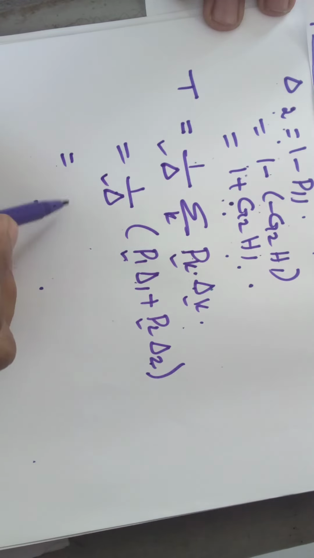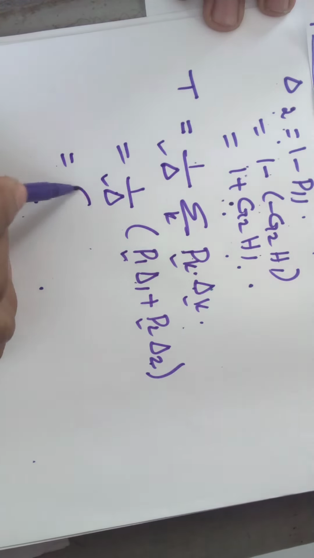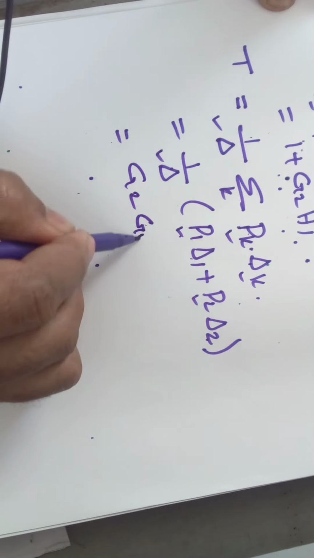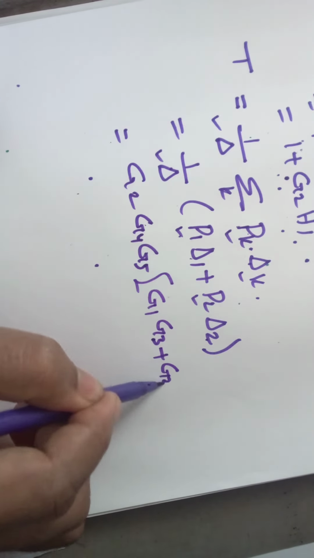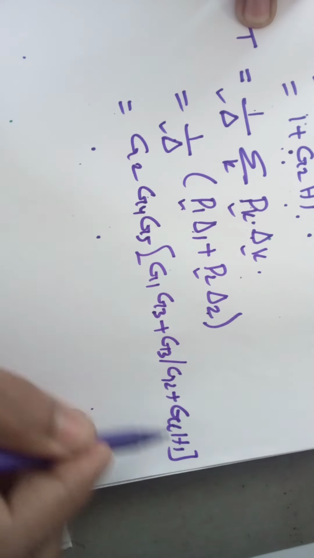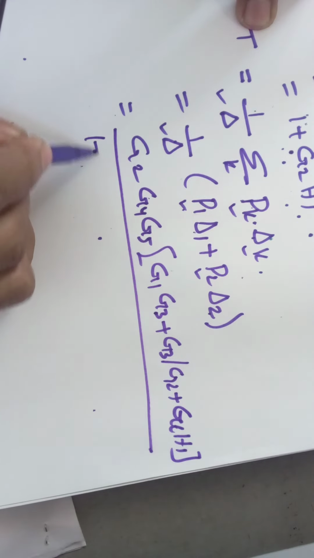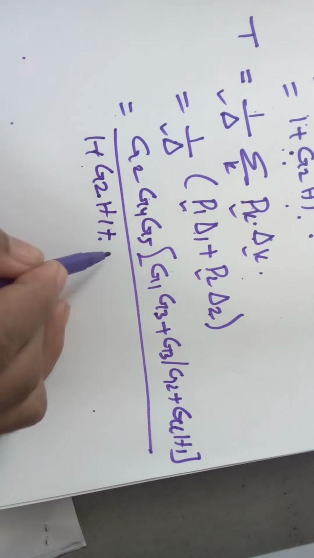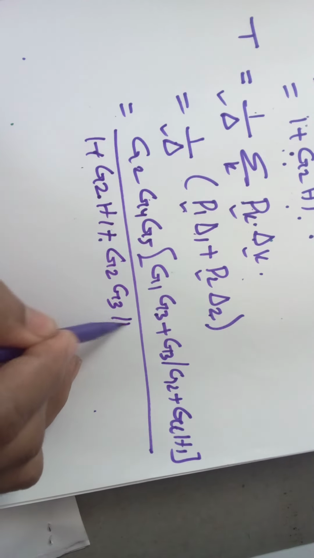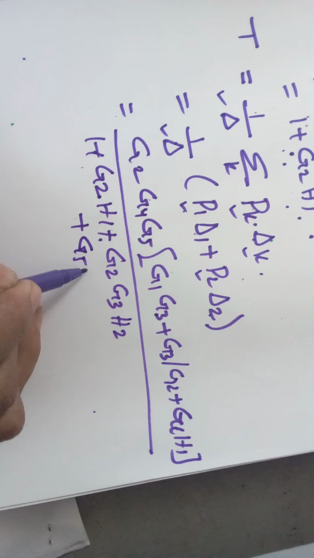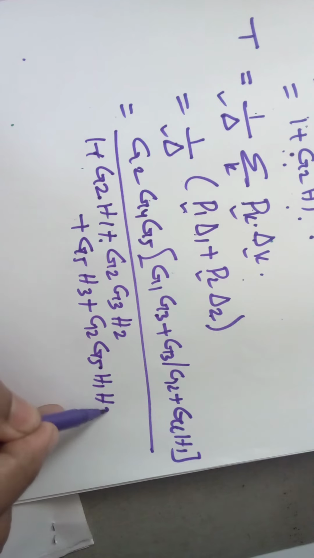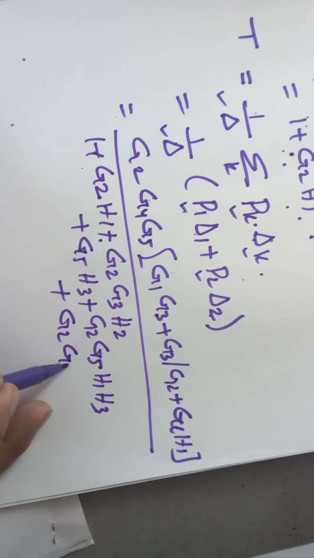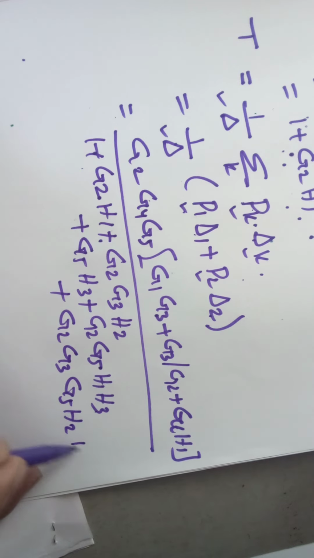Delta also you have calculated, so you will get the answer as G2 G4 G5 into G1 G3 plus G6 divided by G2 plus G6 H1, the total divided by 1 plus G2 H1 plus G2 G3 H2 plus G5 H3 plus G2 G5 H1 H3 plus G2 G3 G5 H2 H3.